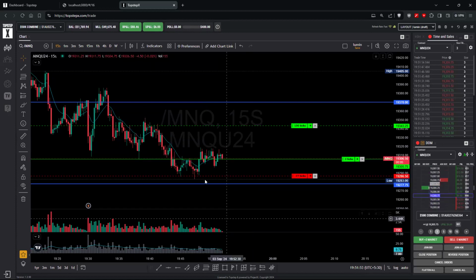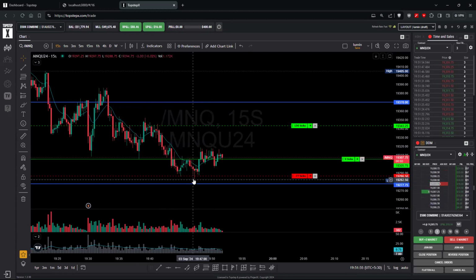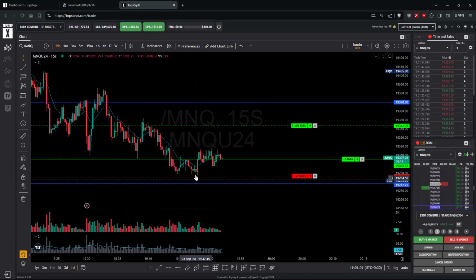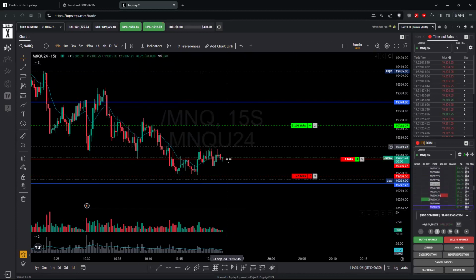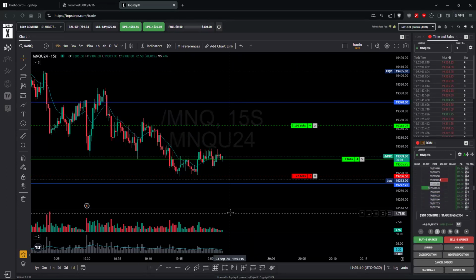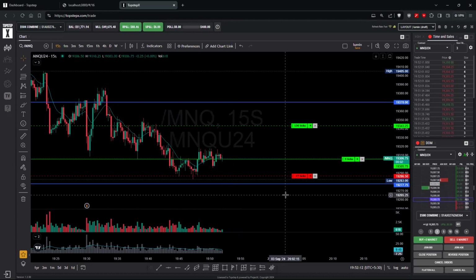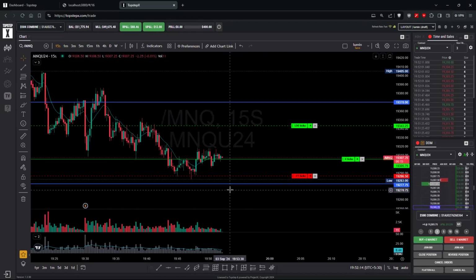And I took the long because this is an hourly zone, hourly level. There was a double bottom. There was a volume spike here, so I entered around this area, and this is a pretty good chance to work out if it goes up, and if it doesn't, it doesn't matter.